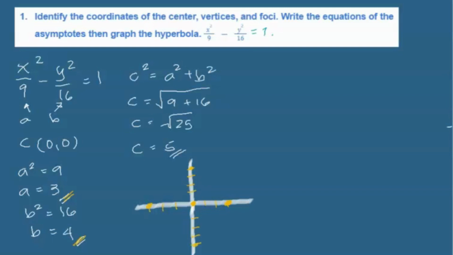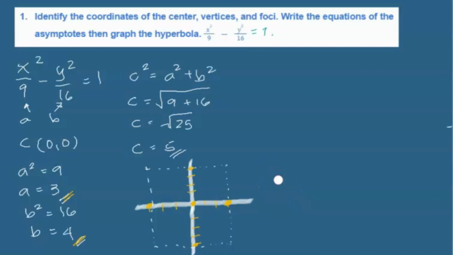Now we're done plotting the a and b points, and with these 4 points we're going to draw an imaginary rectangle that connects these points. The reason for that is because it will help us to graph our asymptotes.